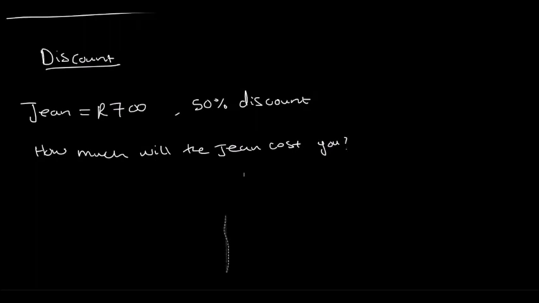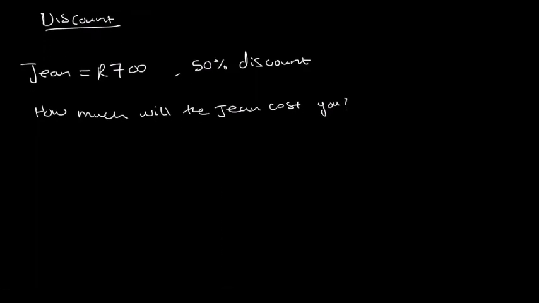Obviously the first thing that you would want to do is find the 50% of 700. So you'll take 700 times the percentage, 50 over 100.